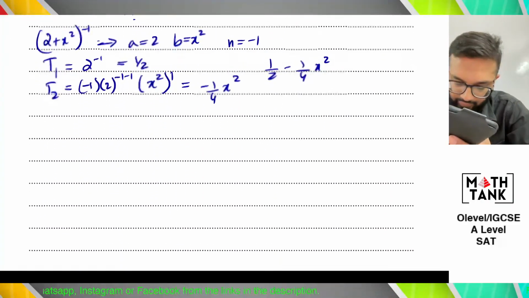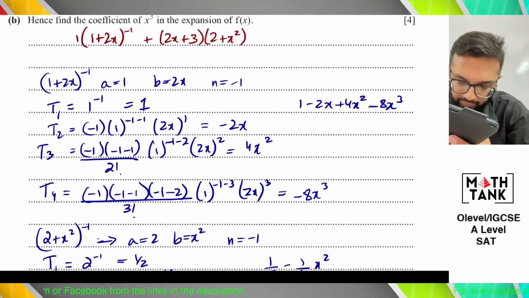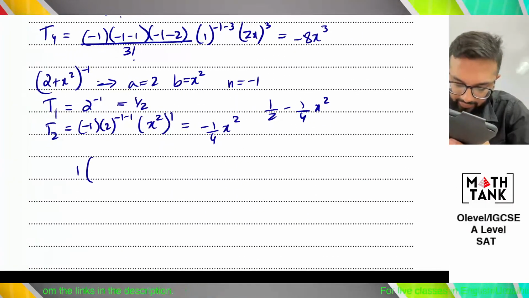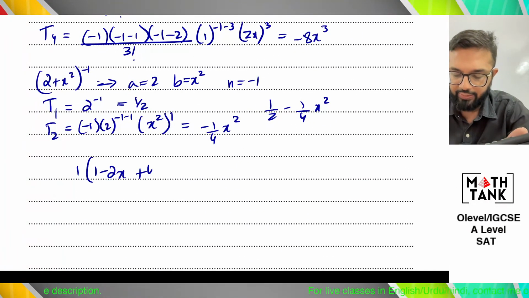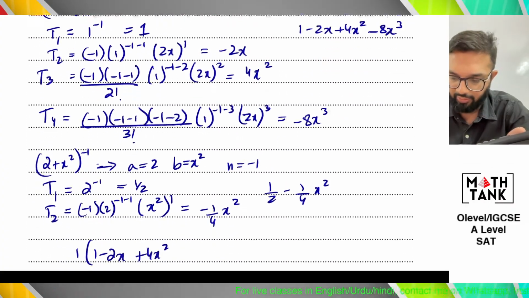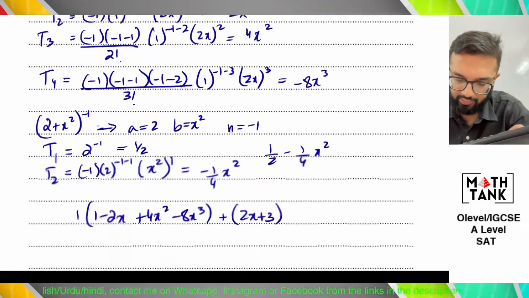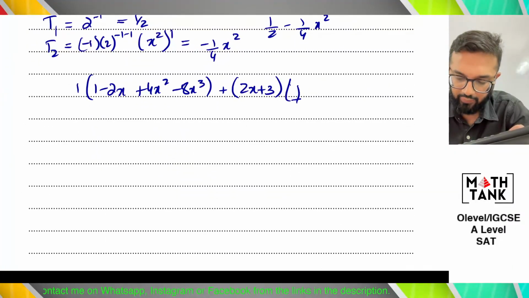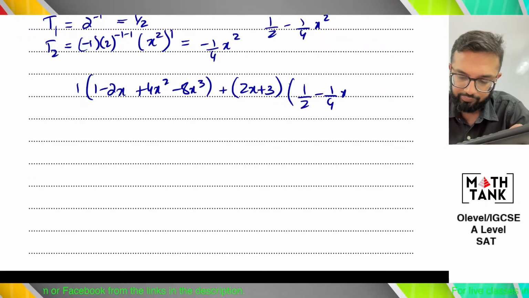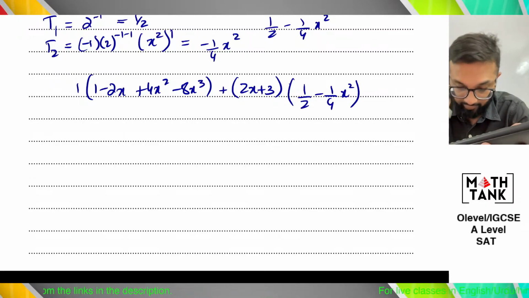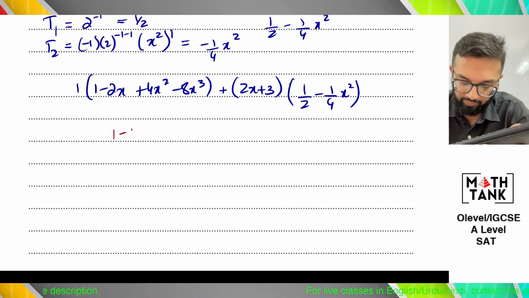Okay. So then I go back and fit in the terms: 1 minus 2x plus 4x squared minus 8x cubed, times 2x plus 3, to half minus 1 over 4x squared.